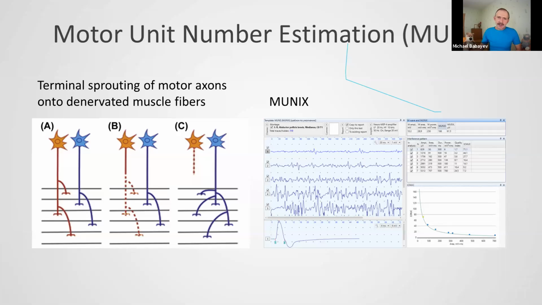And if, for example, we would like to record the CMAP wave, compound muscle action potential response, or M wave, from the muscle when we stimulate it, we can get a normal response with a big amplitude and normal duration.